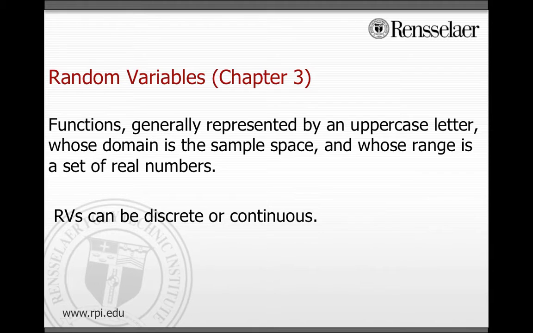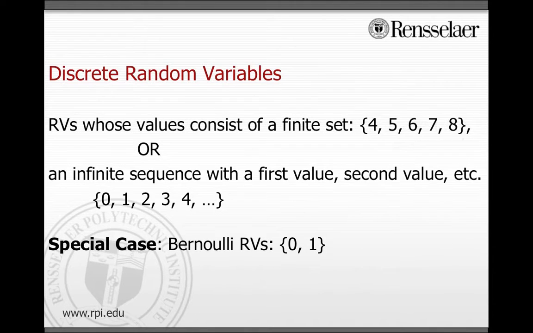Random variables, or RVs as they're commonly abbreviated, can be discrete or continuous. We'll be focusing on discrete random variables in this video, as well as common probability distributions for discrete random variables.